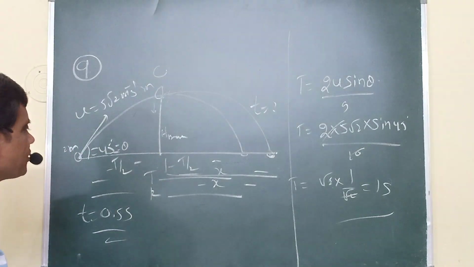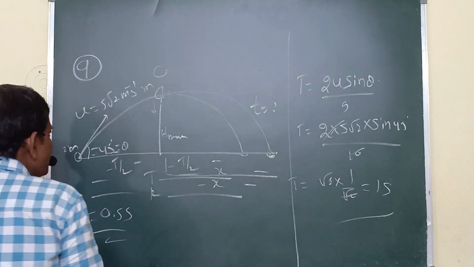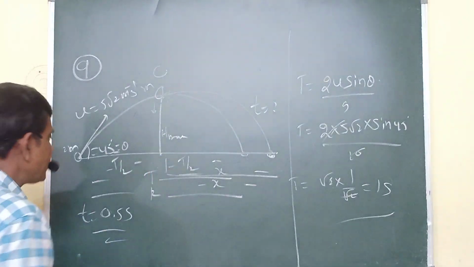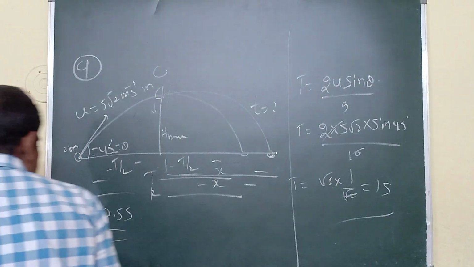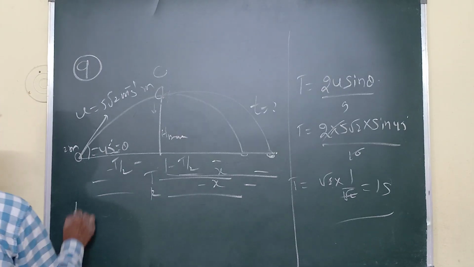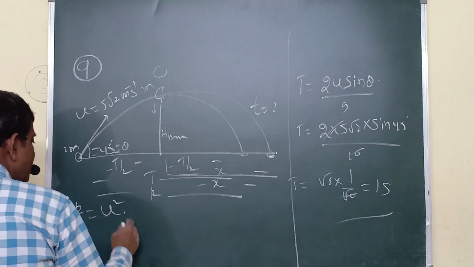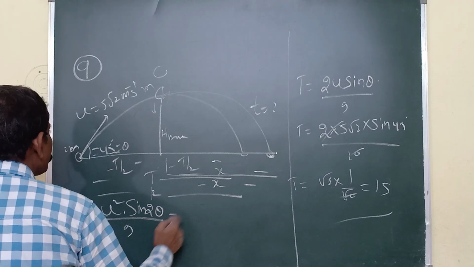The information is also given for maximum height. So here, what happens when it reaches here? First, what am I finding? You find the range. What is the range? Range R equals u square sin 2 theta by g.